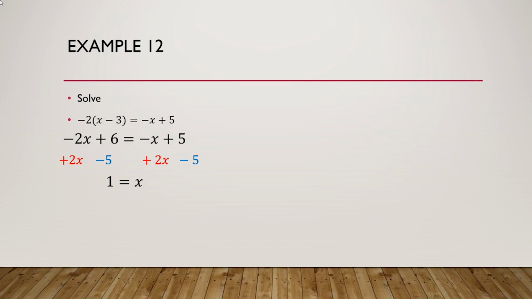And then 5 minus 5 cancels out. So that leaves you with 1 equals x. And that is the same as x equals 1. You don't have to put that extra line in there. I just wanted to show you that 1 equals x is basically the same as x equals 1.